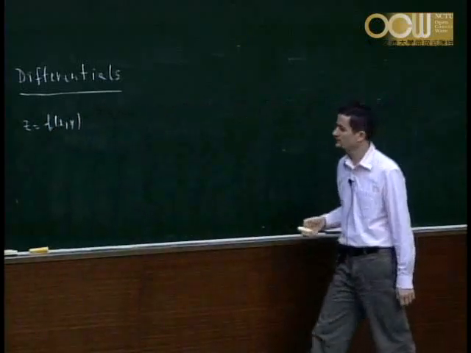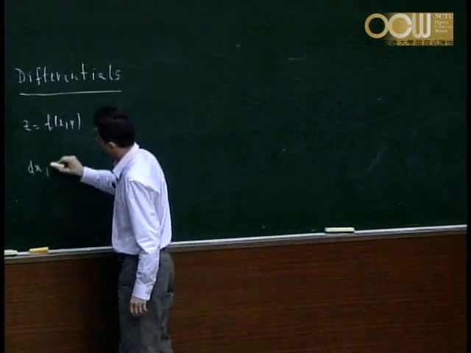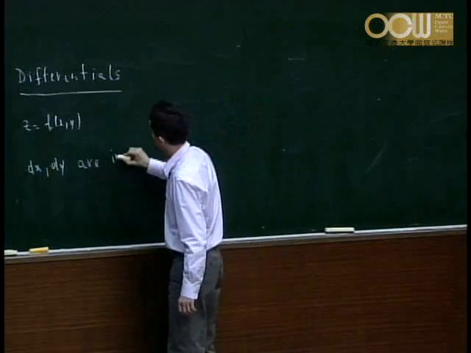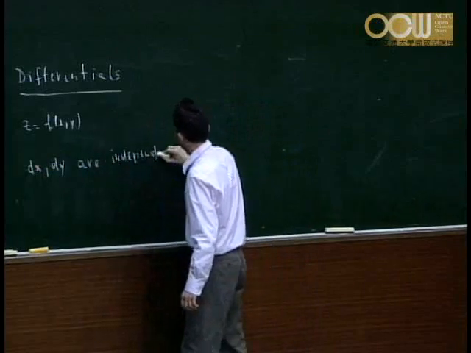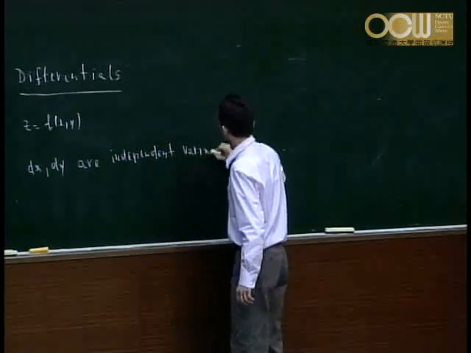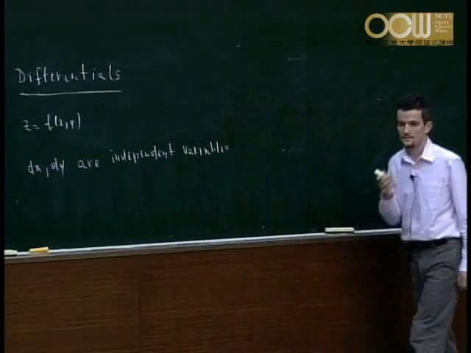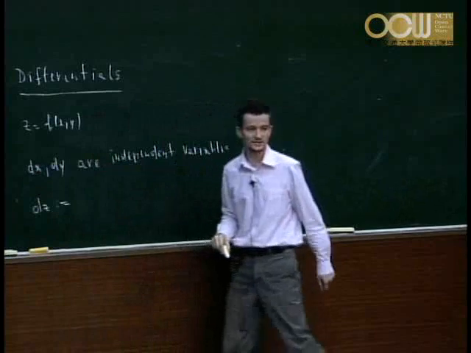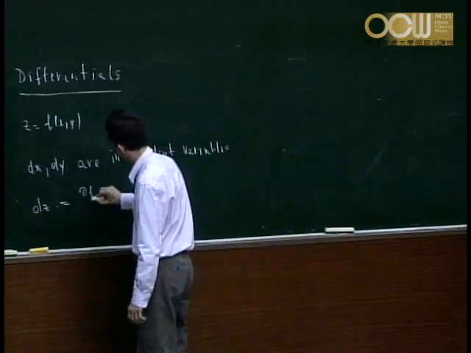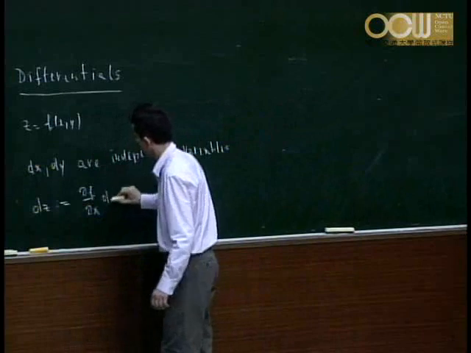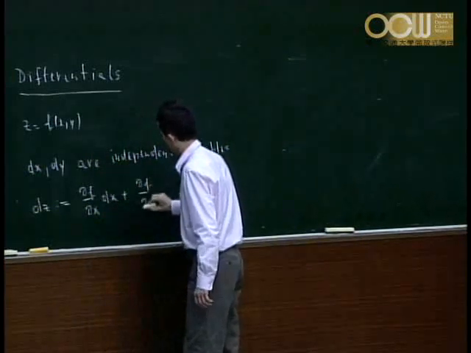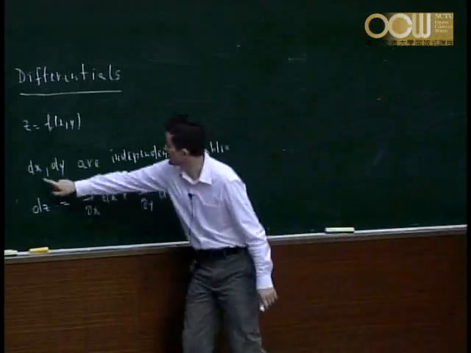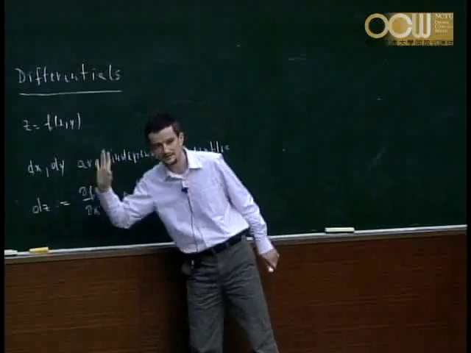We say dx and dy are independent variables, and we define dz. This is a definition: the partial derivative of f with respect to x times dx plus the partial derivative of f with respect to y times dy.